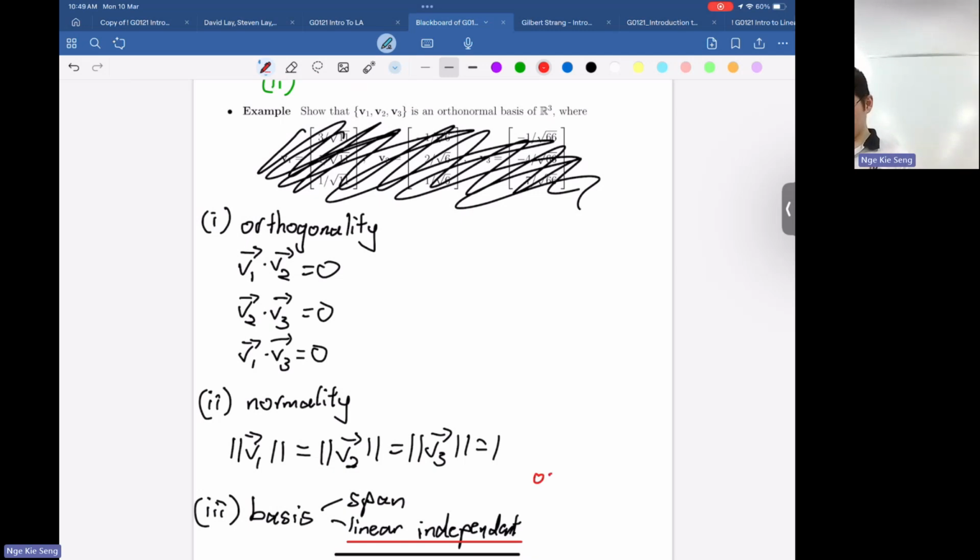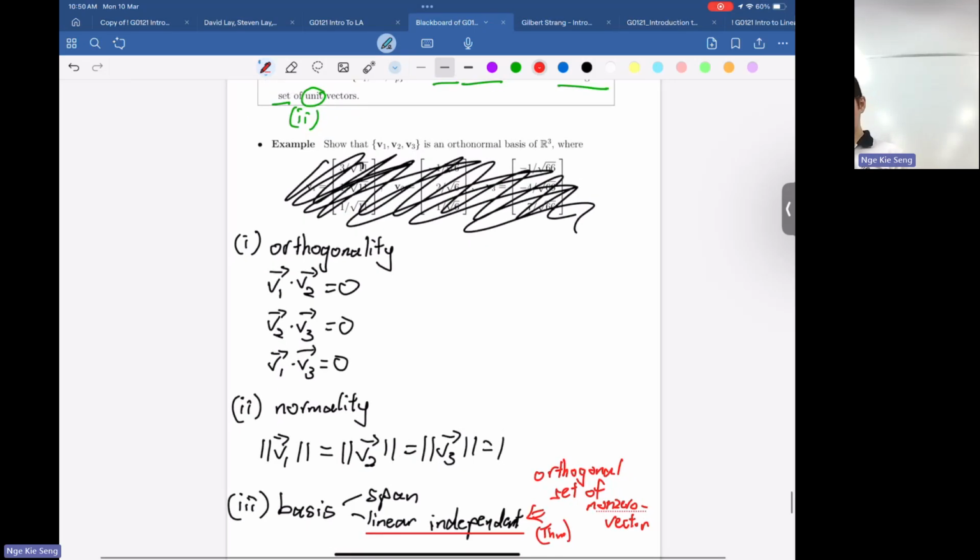Okay, so if you have an orthogonal set of non-zero vectors, it implies that they are linearly independent. This is a theorem we know. But we know that the dimension of R3 is 3.